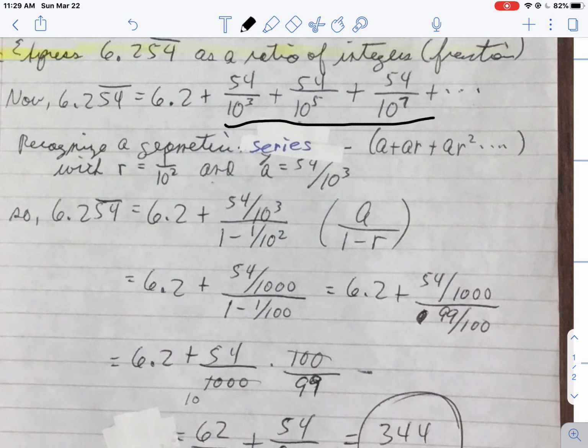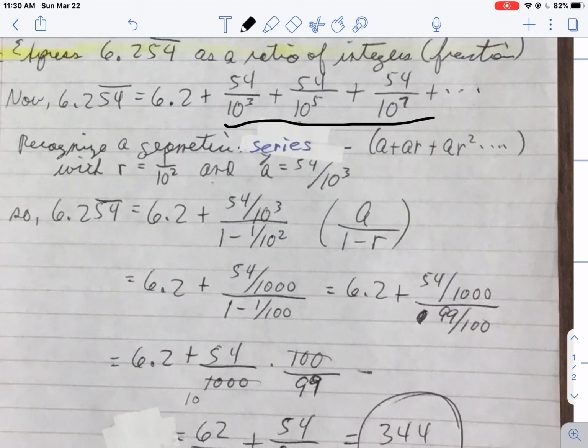If I have 2 repeating, as I have here, it's 1 over 10 squared. If I had 3 repeating, it's 1 over 10 cubed. So our R value is 1 over 10 to the power of the number of repeating digits, and recognizing that this is a geometric series with R equal to 1 over 10 squared.